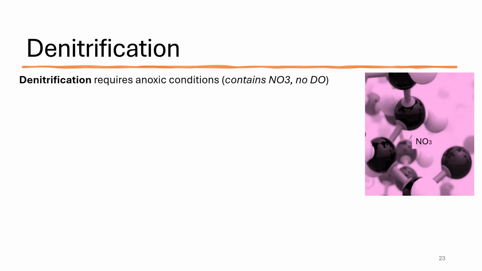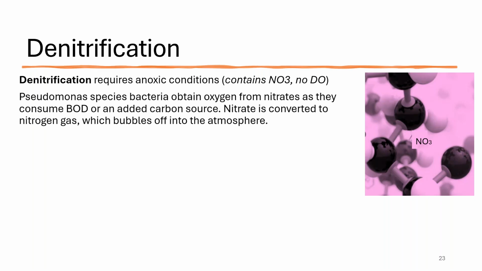The denitrification process requires anoxic conditions. Anoxic means it contains nitrate, but no dissolved oxygen. So the bacteria are going to use that nitrate as their oxygen source. And the bacteria that are responsible are called Pseudomonas bacteria.